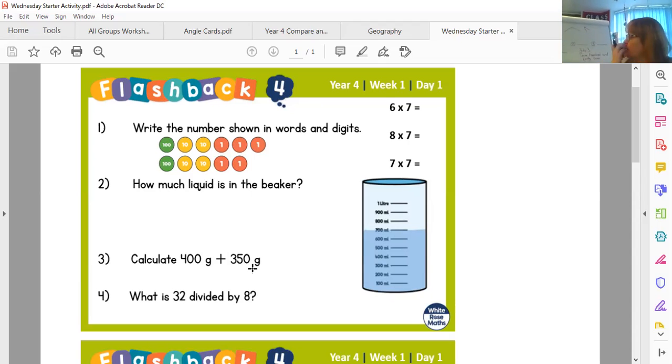Now you can do that by using those known facts that I've spoken to you about before. So for example, I'm not going to give you the answer again, but if you knew that 6 times 4 was 24, remember you also know that 4 times 6 is 24. And we also know that we can reverse it to do the division, the inverse.